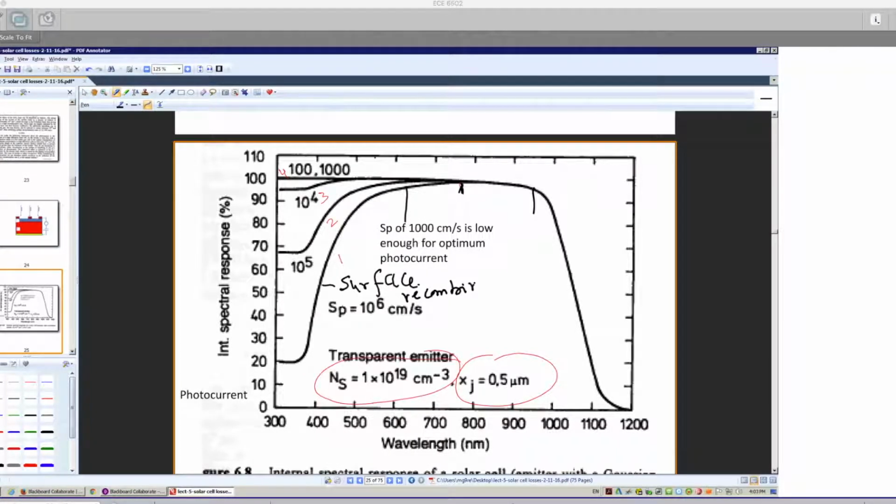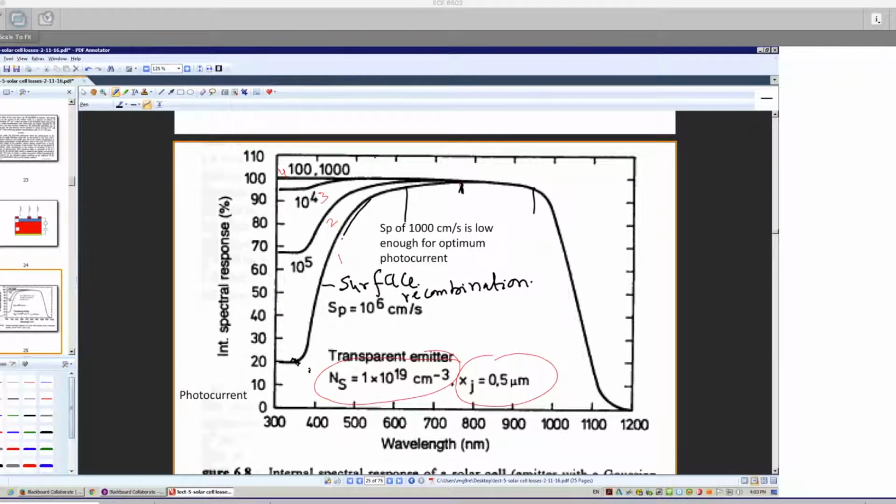The shorter the wavelength, the more it is absorbed towards the top surface, and the more the effect of the surface recombination. So that has the lowest spectral response.